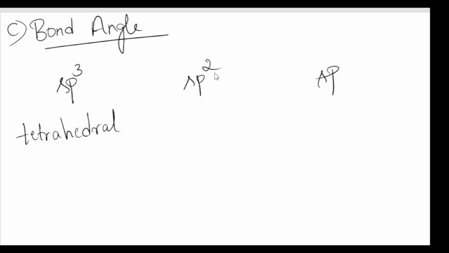Bond angle. Now I will consider sp3 here, sp2 here and sp here. We know that the geometry of a molecule in the sp3 hybridized state is tetrahedral. In case of sp2, it is trigonal planar, and in case of sp hybridization, it is linear.